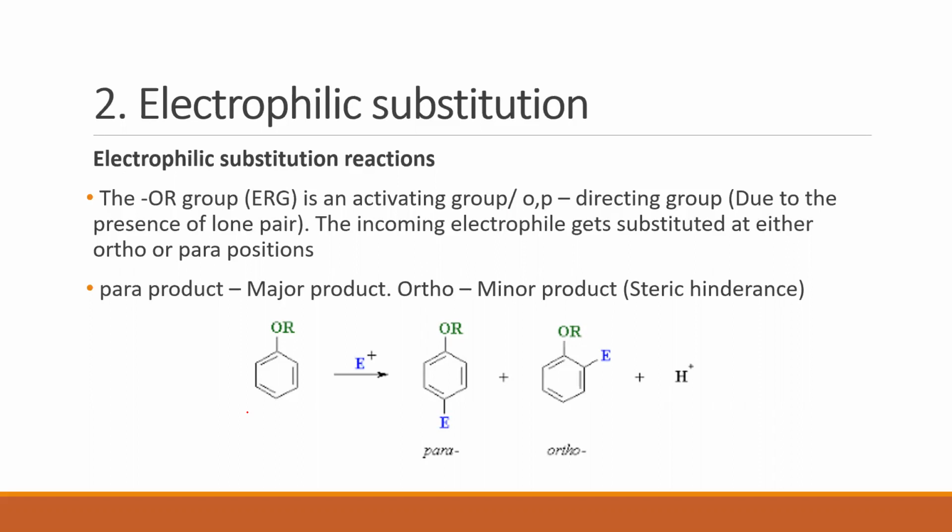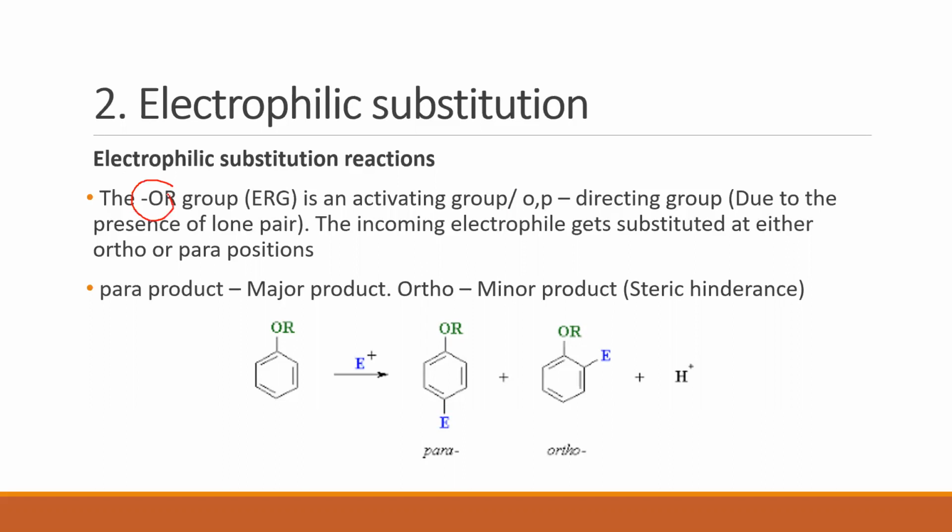If it is electron releasing in nature, it will be ortho-para directing. If it is electron withdrawing in nature, it will be meta directing. That indicates where the electrophile gets substituted, at the ortho-para positions or at the meta position. Clear? Now let's look at what happens in the case of an ether.